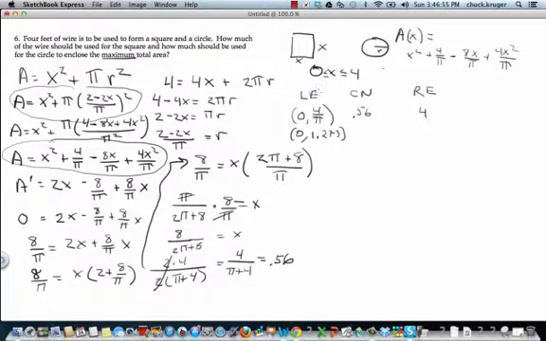And if I put 0.56 into here, I'd have 0.56 squared plus 4 over pi minus 8 times 0.56 divided by pi plus 4 times 0.56 squared divided by pi.